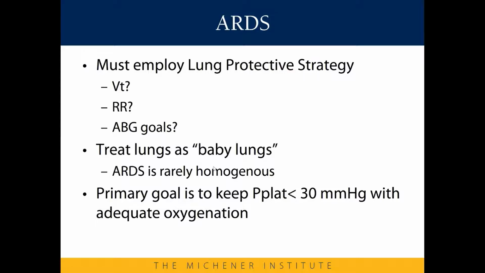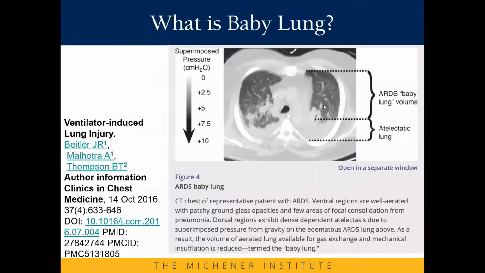So here I have a CT again, showing our baby lung. This is similar to the one I just showed. So you can see the atelectasis here. These areas may be atelectasis, they may be reduced compliance. Okay, so if this is not recruitable, then this area of the lung is what's going to take on the volume.